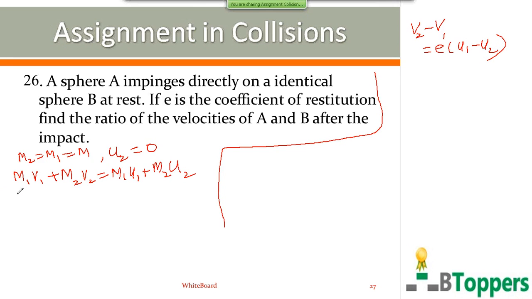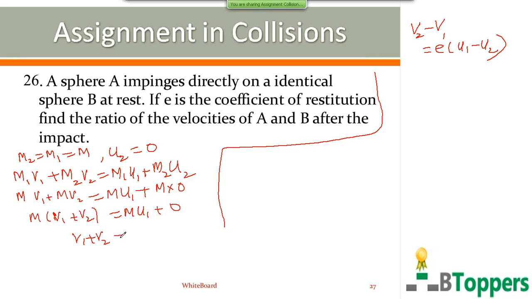So in this first equation, here you can substitute m1 equal to m, m2 equal to m, and initial velocity of the second sphere is 0. So m into (v1 plus v2), we get m u1. So we get v1 plus v2 equal to u1.